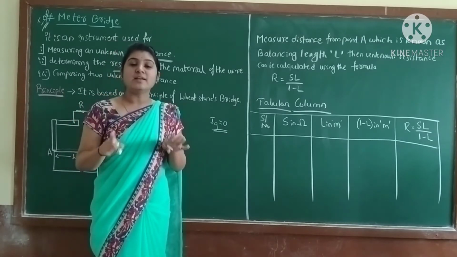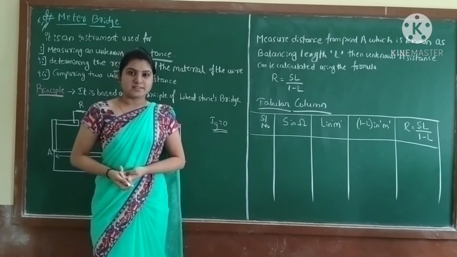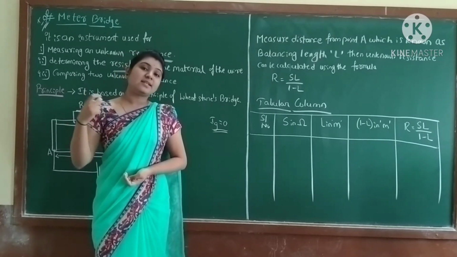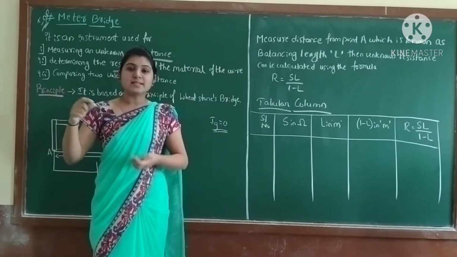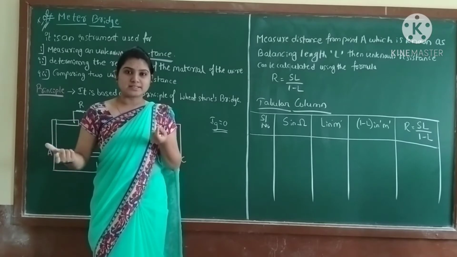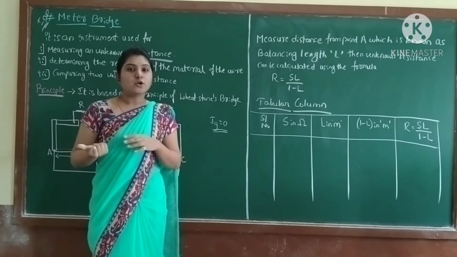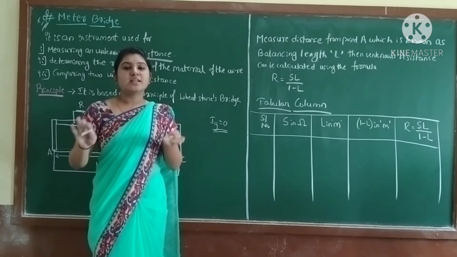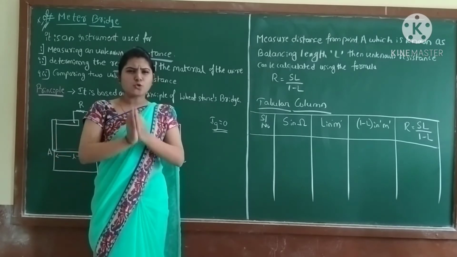Basically you know that the resistivity is different for different materials. Understood? So on what things does this resistivity depend? Some properties of the materials. Only then can we see that the resistivity of aluminium is different from the resistivity of copper.